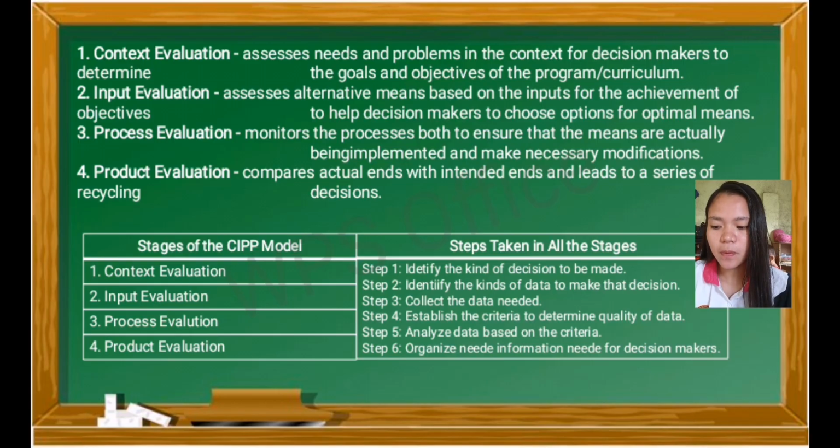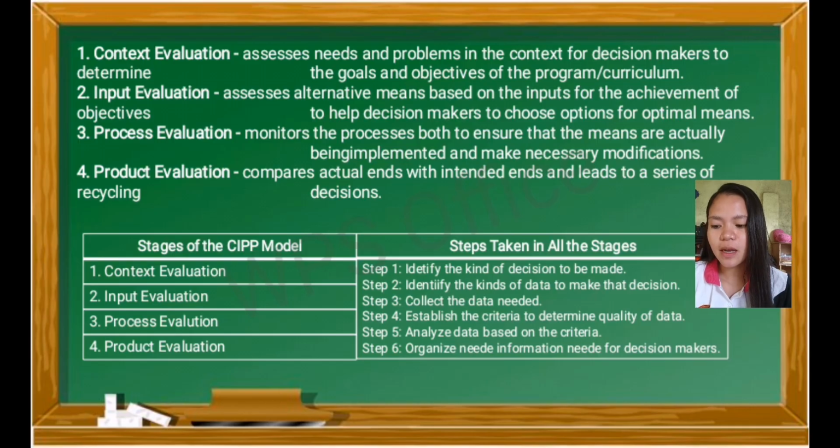The steps of that stage: the first step is to identify the kind of decision to be made. Second step is to identify the kinds of data to make the decision. Step 3, collect the data needed.